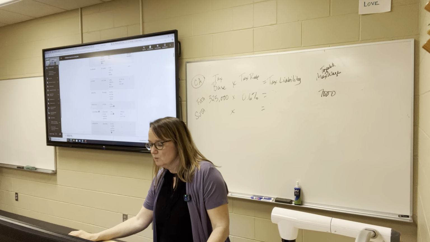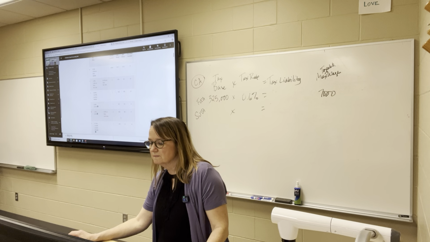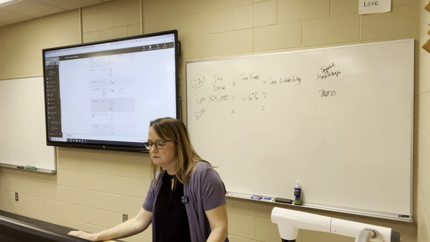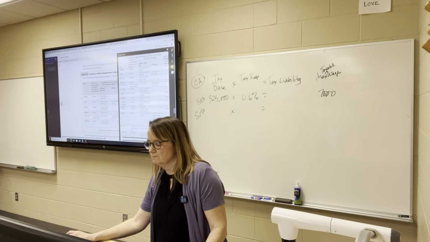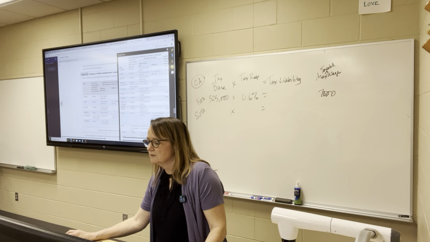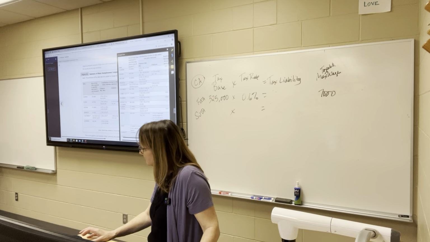And for SUTA tax purposes, now let's take a look at California before I say anything, because let's see what California's base is. Oh, I don't like this table. It's not giving me everything I need. Going back here. Okay, so we would find California. California does not appear to have a maximum.